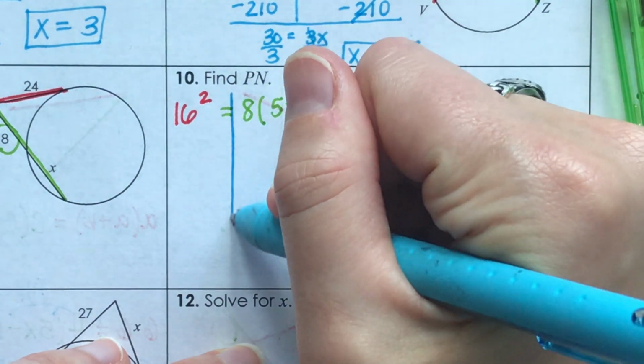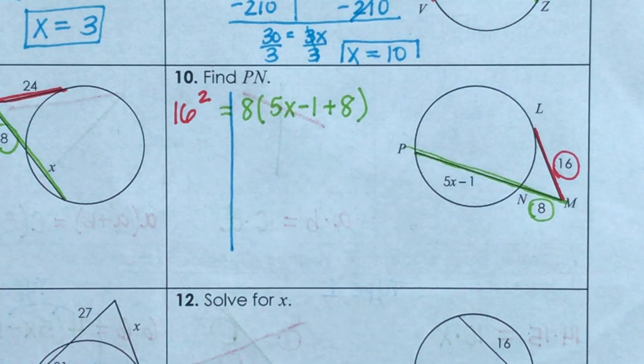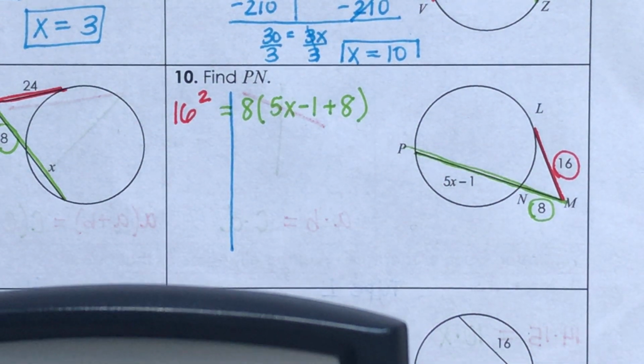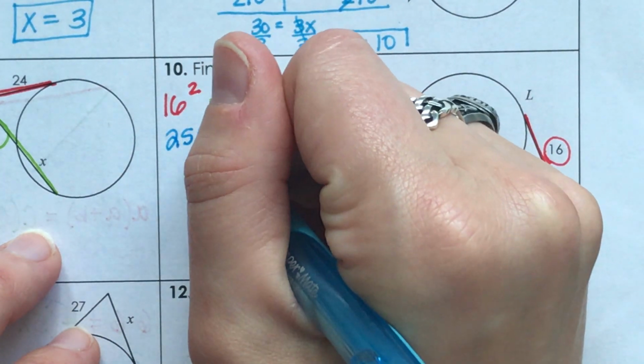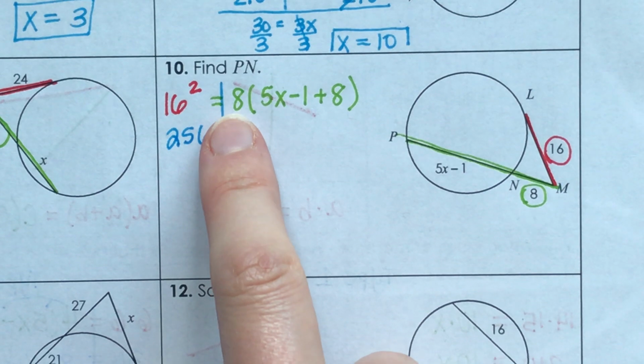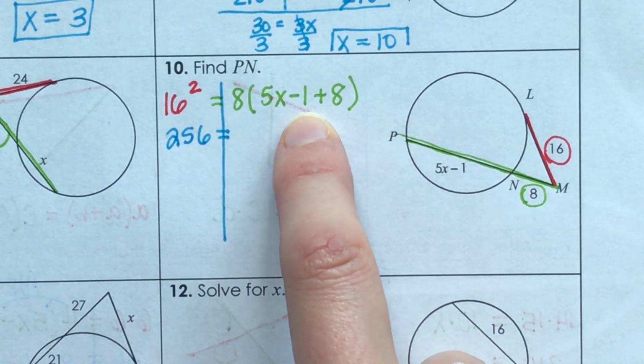Now I've got some algebra. First thing I'm going to do, 16 squared. 16 squared gives me 256. Before I try to distribute, again, I'm going to make sure that I can do some simplifying here.